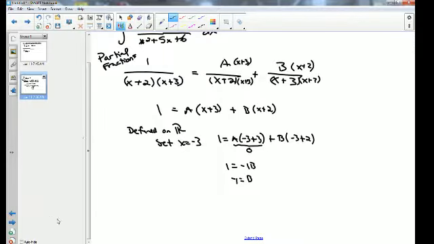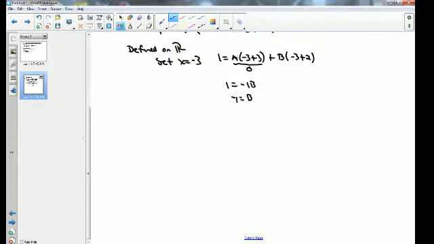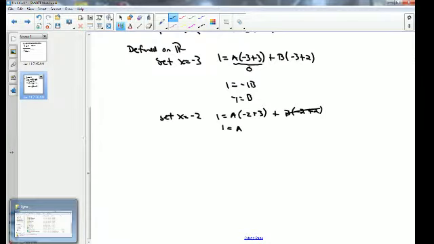So then you set the next one equal to -2. Same. So we get 1 equals a times (-2 plus 3). B, of course, is going to disappear. So a equals 1. Right? So that's the pre-calculus. Just figuring out a and b.